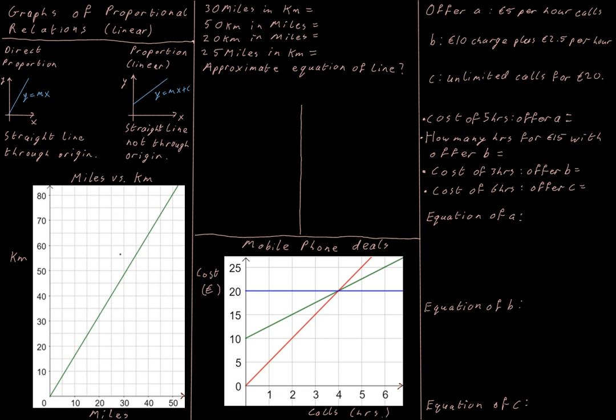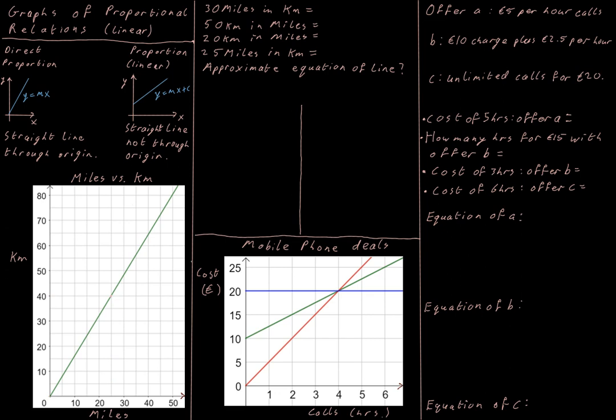So our first job is, what type of relationship have I got? Well, I start off going through the origin. I go through 0, 0. And if I look at some points where my line crosses the grid lines nicely, I can see that that happens at 25 miles and 40 kilometers.